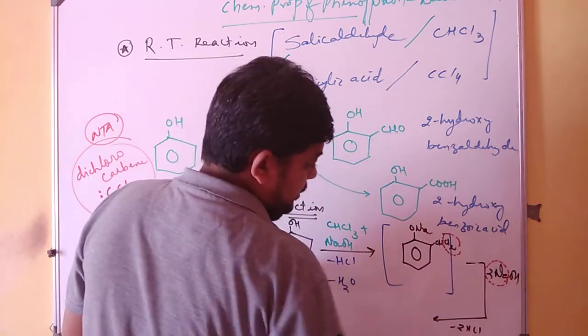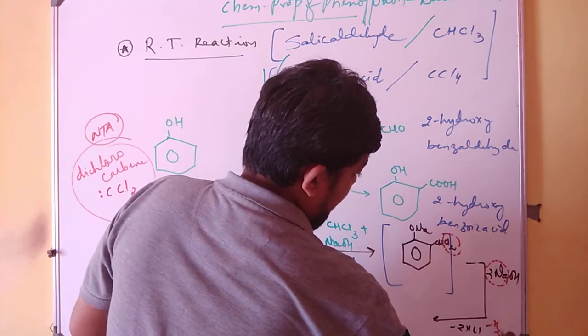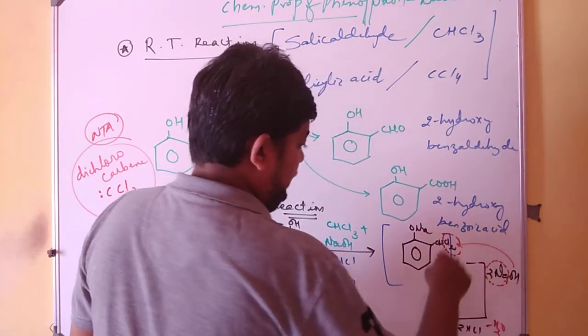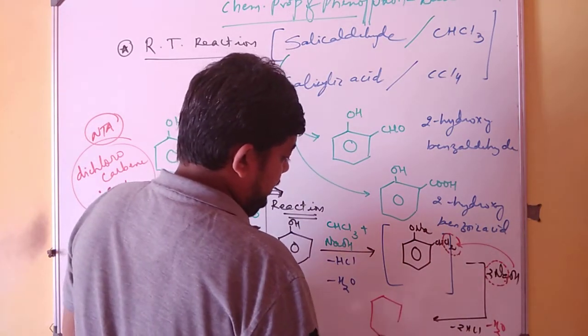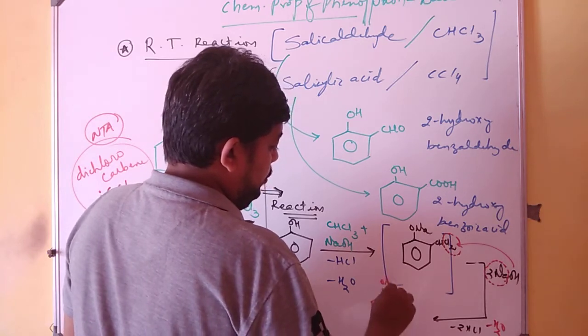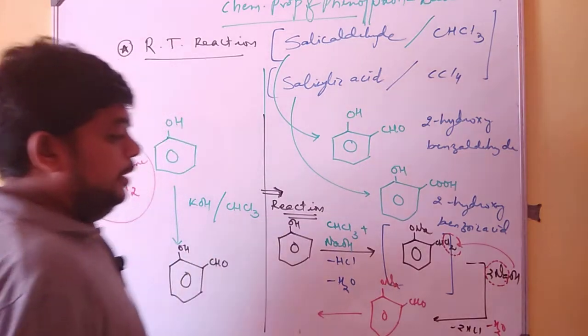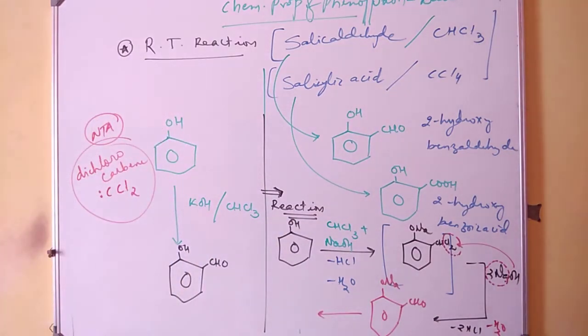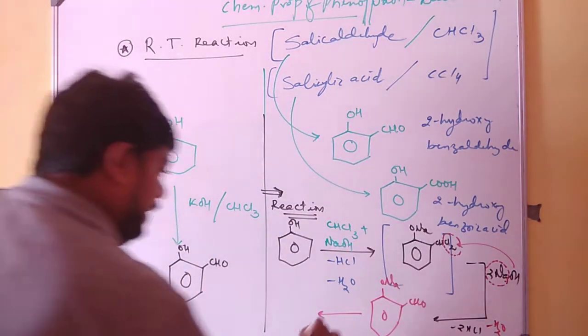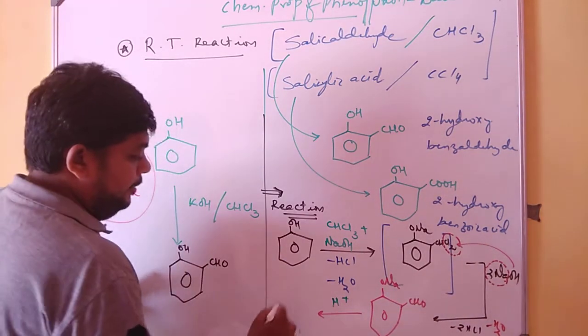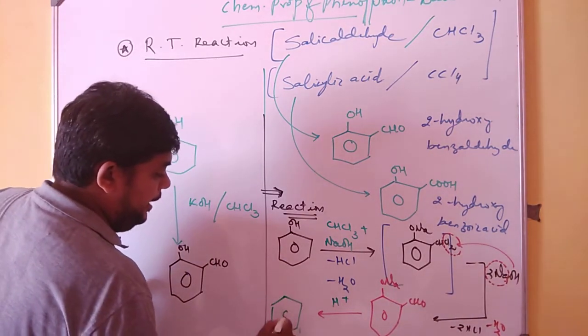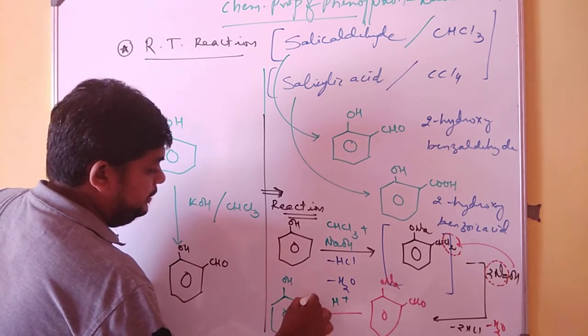One water molecule from these 2 OH and one excess O will get an attack over here, resulting in the formation of ONa and CHO. And now in the last step where we have H plus, we will always end up by writing OH and CHO.